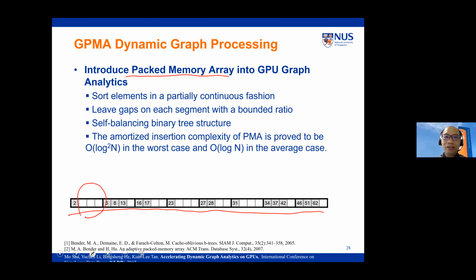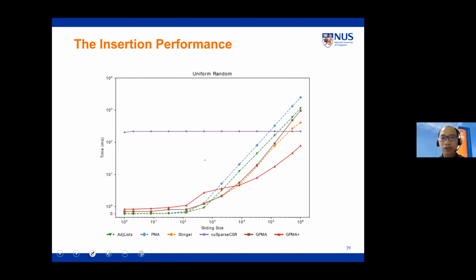In the PMA paper, there is a mechanism with a lower bound and upper bound to allocate the holes so that you can achieve optimal amortized insertion complexity, on average log n. This is optimal, and based on this, we can achieve very good insertion performance.